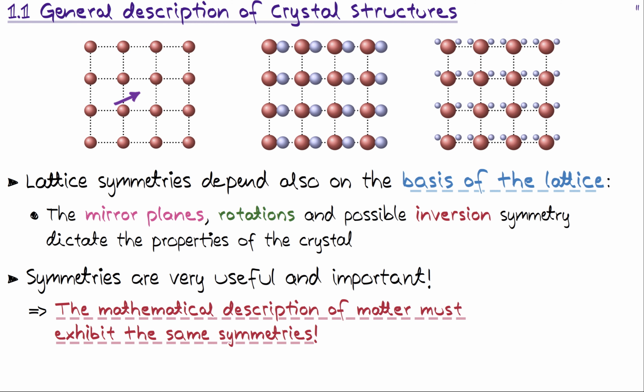So for example, if you have an electron here, the electron must be ignorant to the different directions because these are equal, they are symmetric. Then necessarily, if you have a function that describes the electron in our lattice, that mathematical description must also have the same symmetries. And this is maybe something that takes a while to think about and agree with before you can believe it is the case. But this is very important for you to grasp already now.